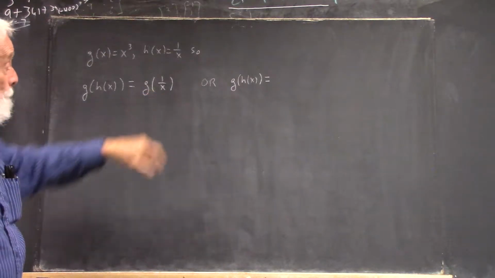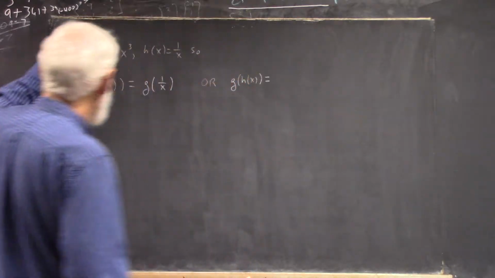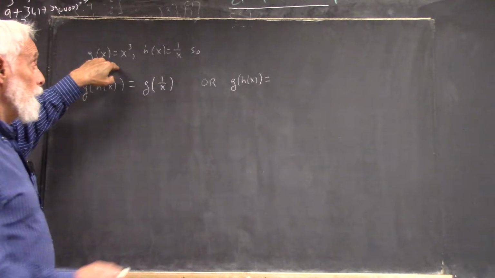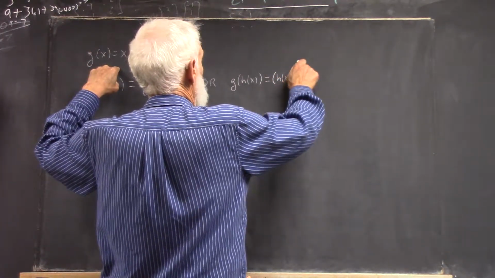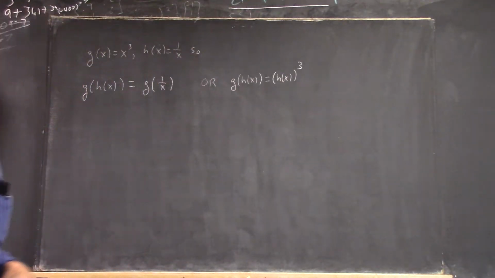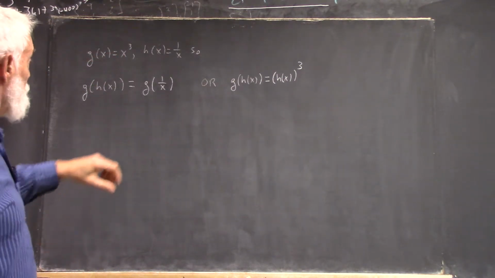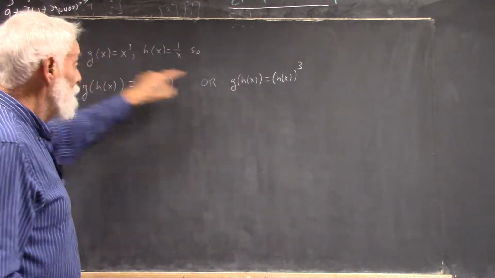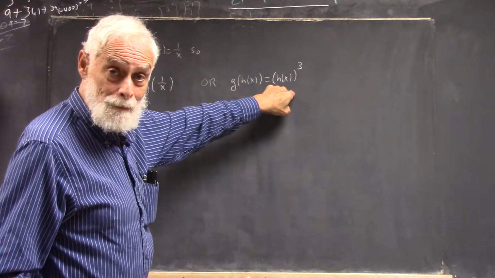Or you can use this definition and replace x with h of x, so you could write this as h of x cubed, because that's what the g of x function does. If you replace x by h of x, then this becomes this, and this has to become this.